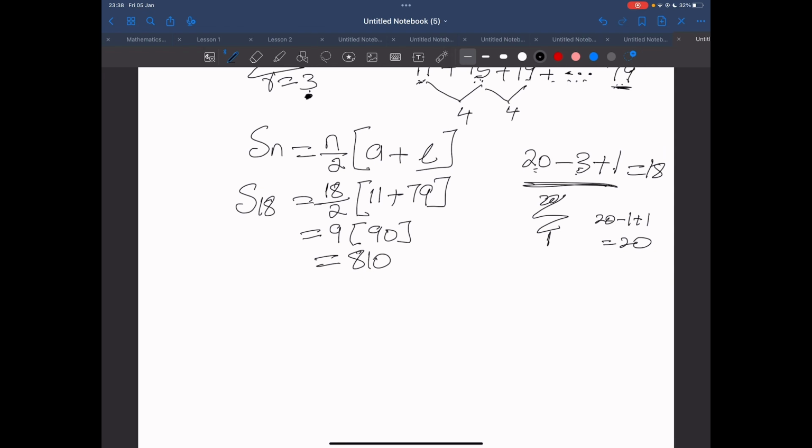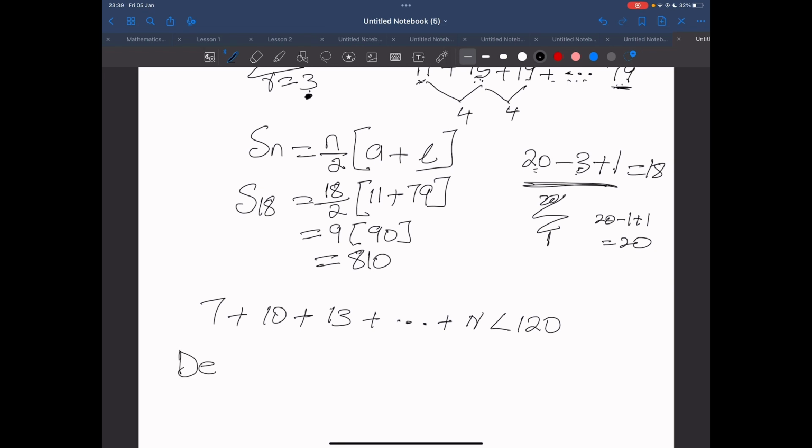Let's say we have 7 plus 10 plus 13, or let's write it as a sigma notation, plus up till n terms. So they're saying this is less than 120. So the question is, determine the largest value of n.